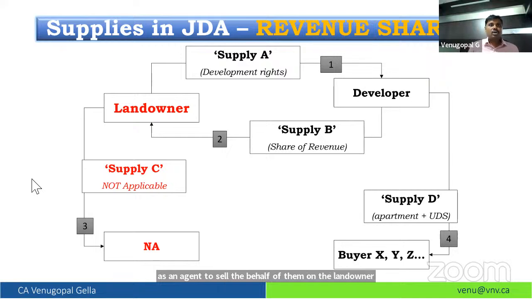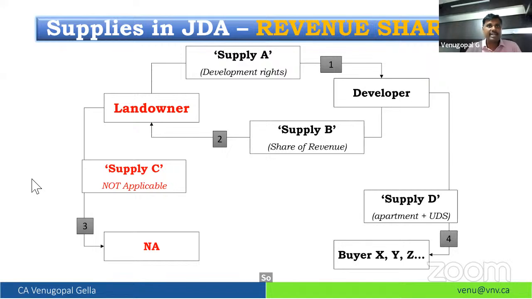So though the substance is the same, since the form is different, the taxation would change. One has to pay attention to the documents which both the parties are signing. The taxation would change. That would be the answer.